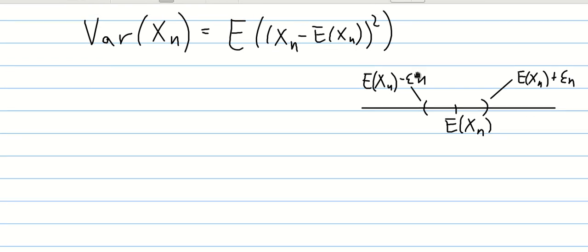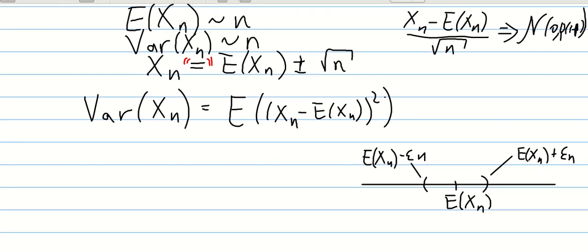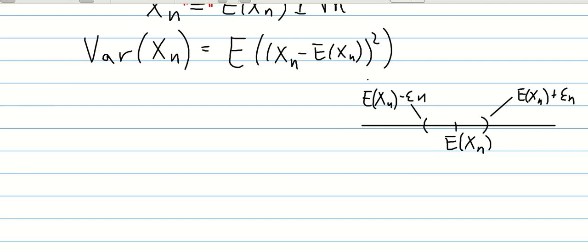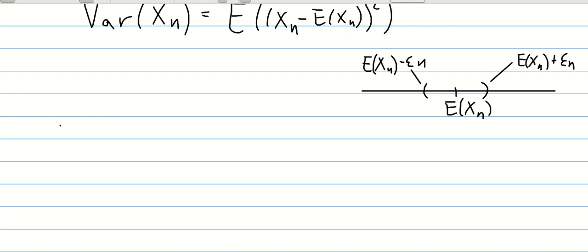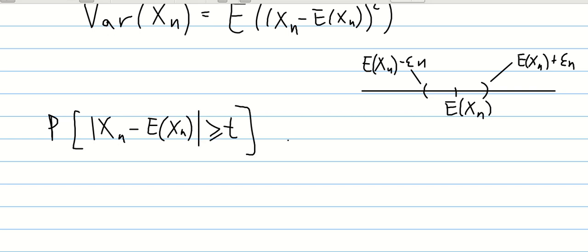But how can we use the information about the variance to control the probability of these macroscopic deviations here? So here is where Chebyshev's inequality comes to help. So the probability that xn minus its expectation deviates more than t, and here I'm going to write tn because we want macroscopic deviations. So we can take the square of both sides.